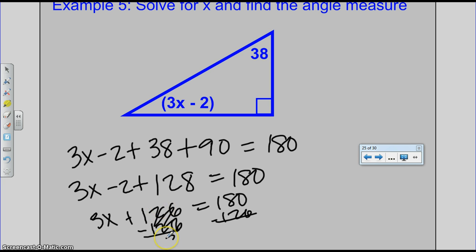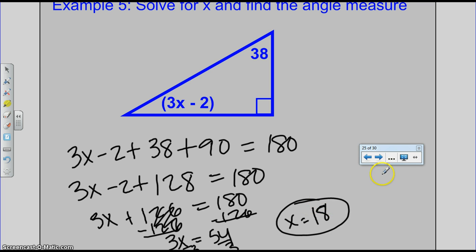That goes away. 3x becomes 54. Then I divide both sides by 3. What is it? 54 divided by 3, 18. There we go. That took too long. X equals 18, sorry.